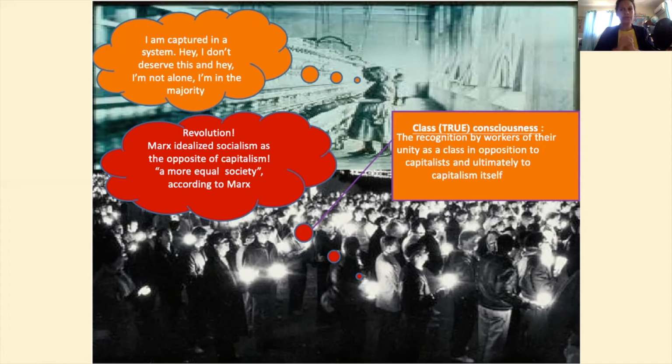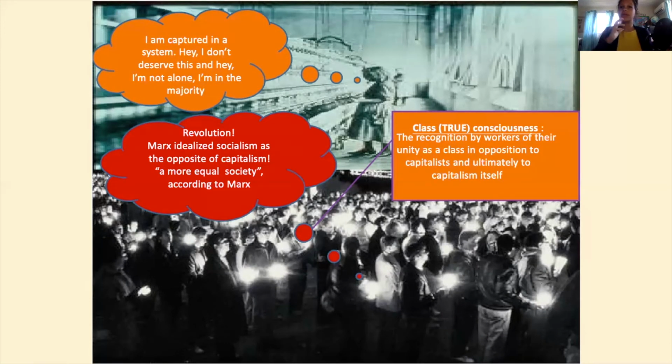So for Marx, social change would come if the proletariat would discover his power. He would see that he is in the majority. He has agency. He has voice. And if all laborers unite, they would show the power that they have. He calls this waking up to true consciousness, or class consciousness.